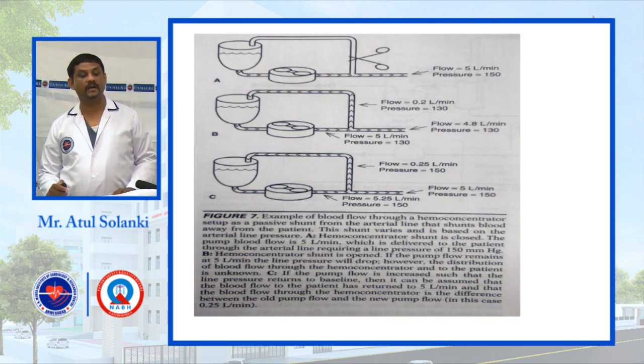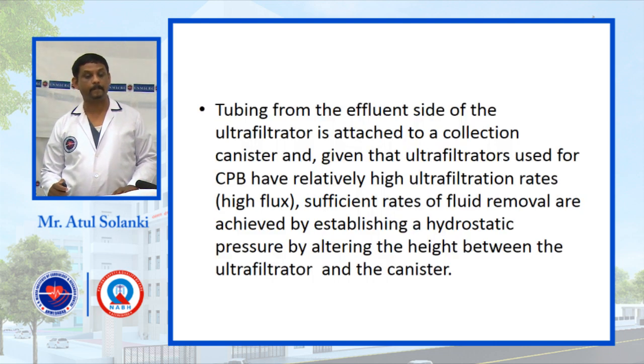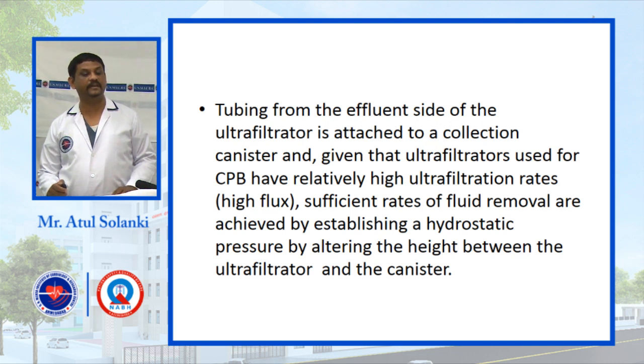These are again some techniques that we can use for ultrafiltration. Tubing from the effluent side of the ultrafilter is attached to the collection container. Given that ultrafilters used for CPB have a relatively high ultrafiltrate rate, sufficient rates of fluid removal are achieved by establishing a hydrostatic pressure by altering the height between the ultrafilter and the canister.